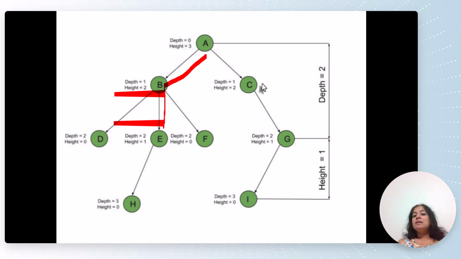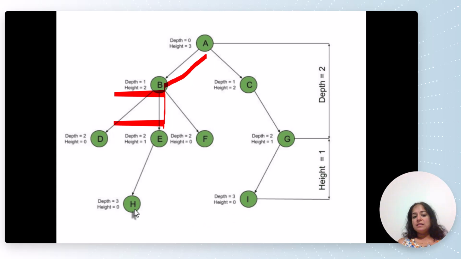In the same way, the height of node C is 2. Because if you check its longest path to a leaf node, from C to G, G to I, there are two edges, so the height is 2. The height of node G is 1 and the height of node H and I is 0.